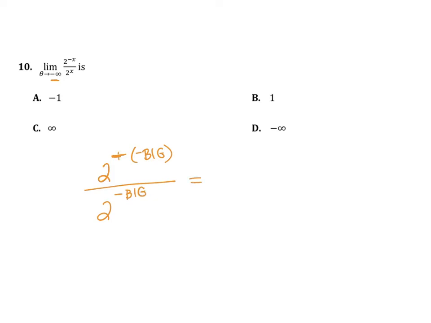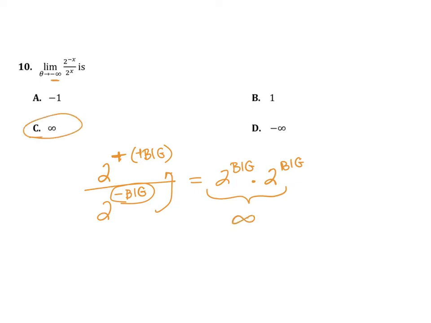We've got this negative times this negative, so that's going to be a positive. So I have 2 raised to the big. And then notice this negative exponent is going to flip this over. So that's going to be times 2 to the big. And so now notice that as x increases without bound, this whole thing gets really, really huge. So this thing is approaching positive infinity.